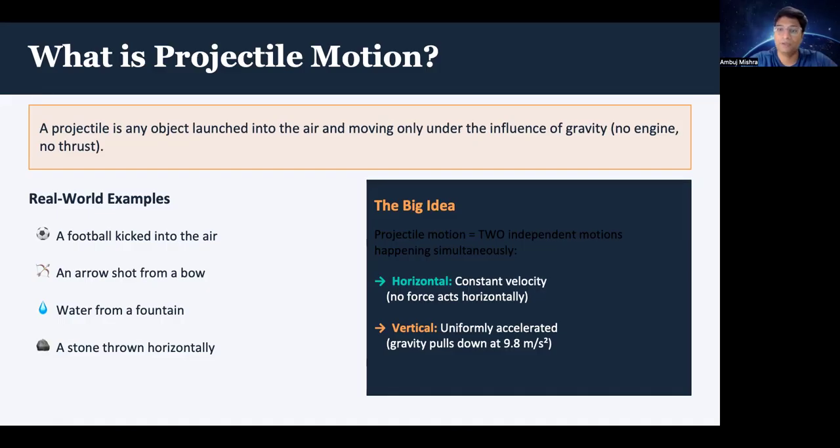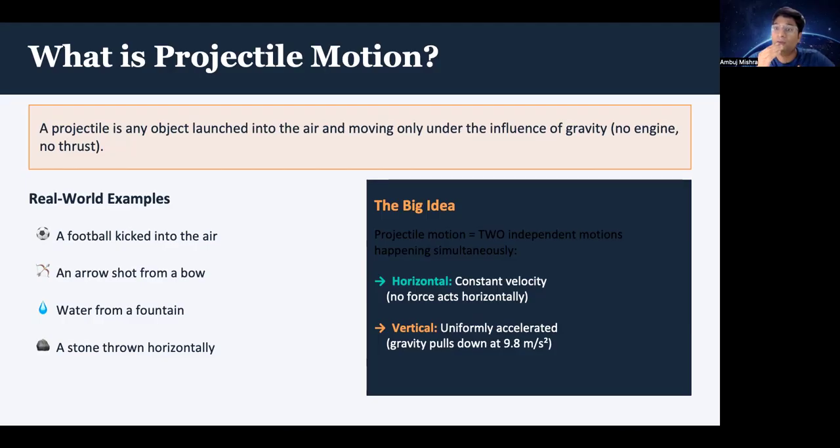the gravity. So, one big thing to understand over here is that for a projectile, there are actually two independent motions happening simultaneously. One is constant horizontal velocity. And of course, here we are ignoring the air friction. So, the horizontal velocity of the projectile is constant.